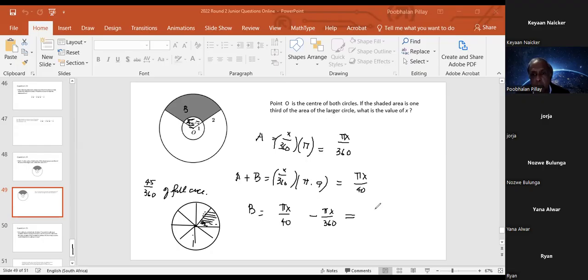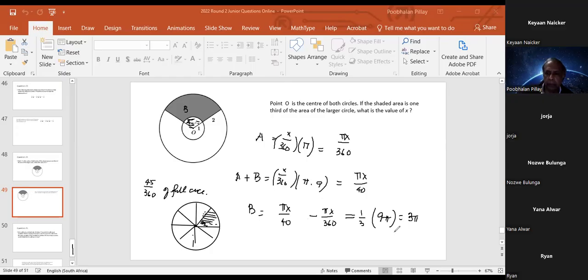It's 1/3 the area of the larger circle. The larger circle is radius 3. So the area of that is 3 squared is 9. So pi r squared is 9 pi. Right. So you got an equation here, and 3 goes into 9 pi, so it's 3 pi.